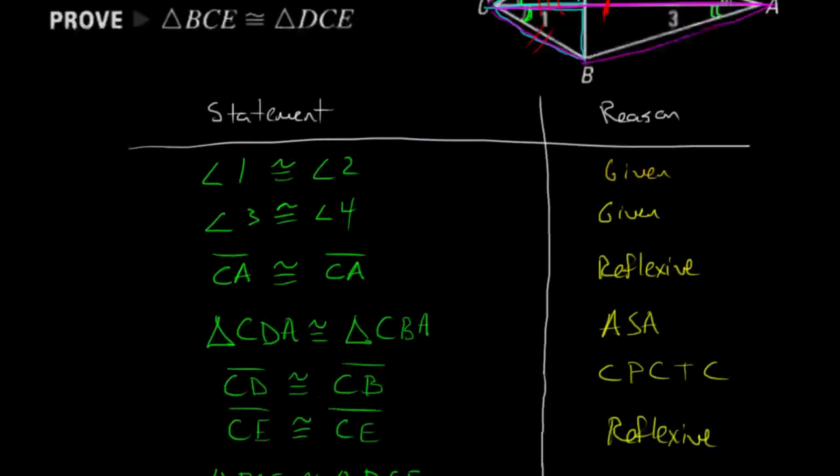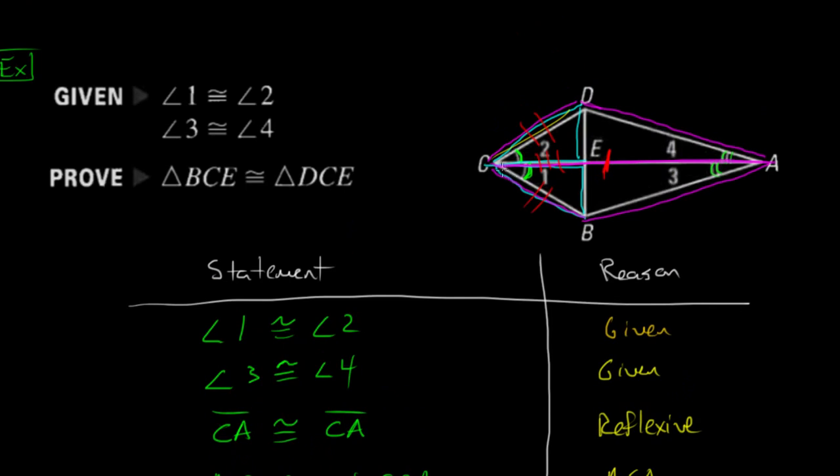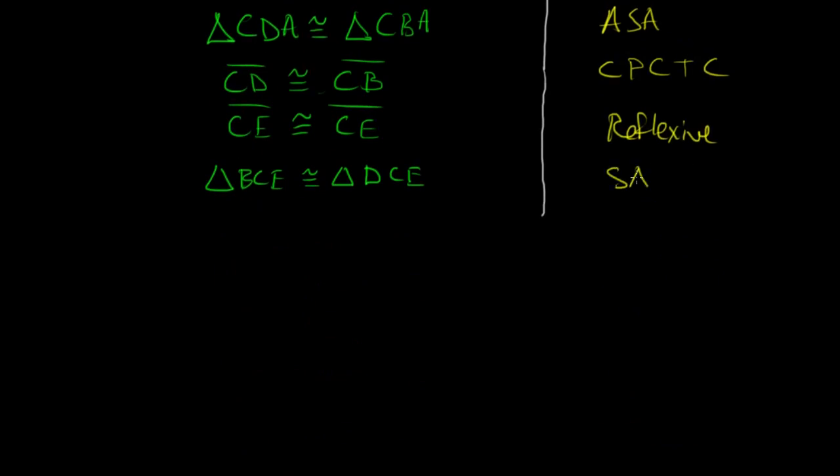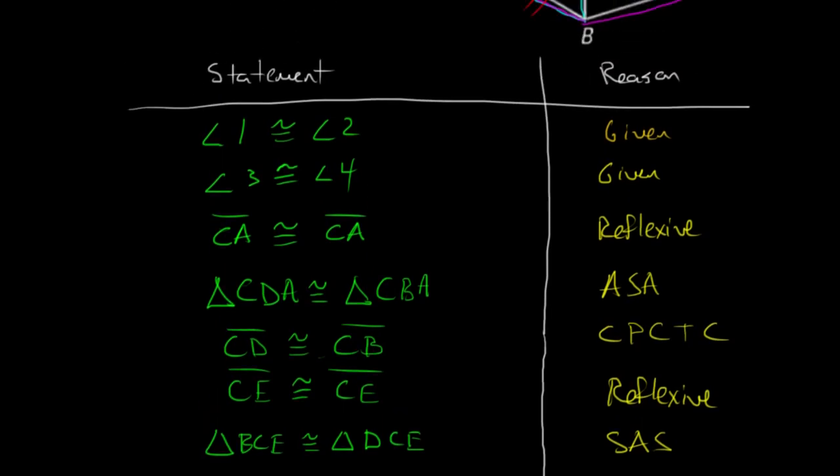Let's take a look at what we know. I have a side, an angle, and a side. Side, angle, side. So side, angle, side is the reason that they are congruent. And in order to prove that, what I had to do along the way was prove that two other triangles were congruent, and then use the fact that their corresponding parts were also congruent.